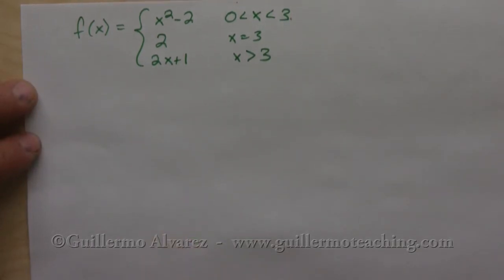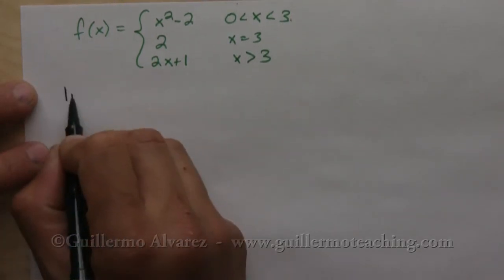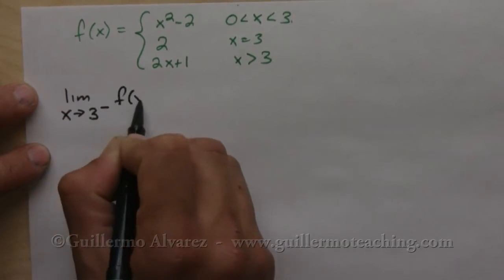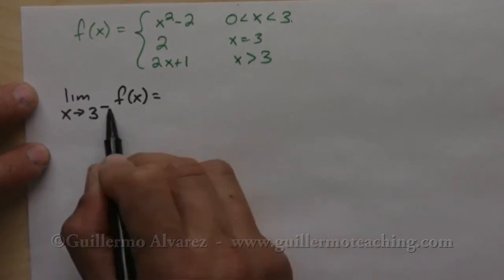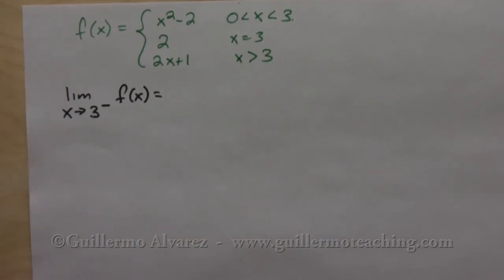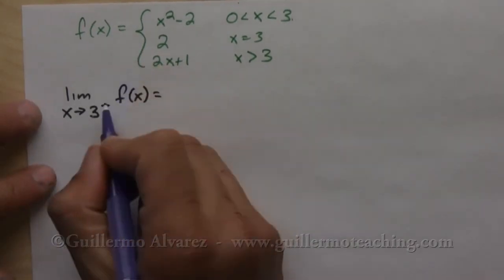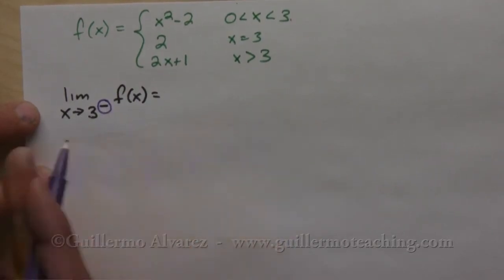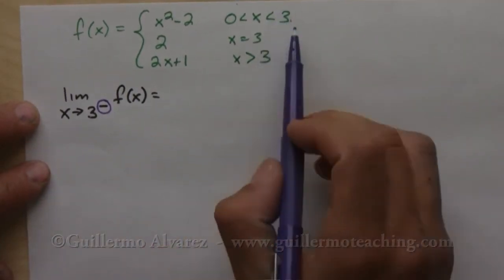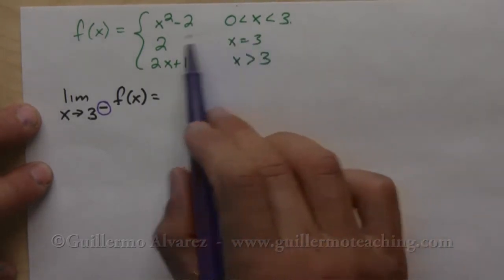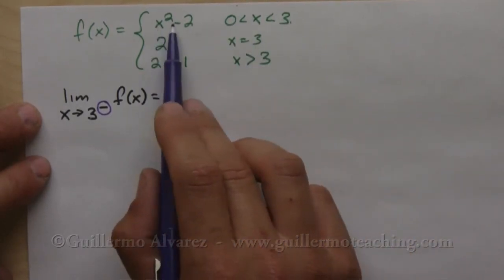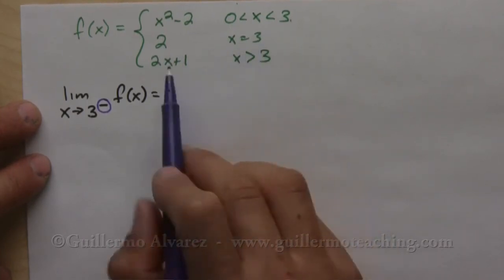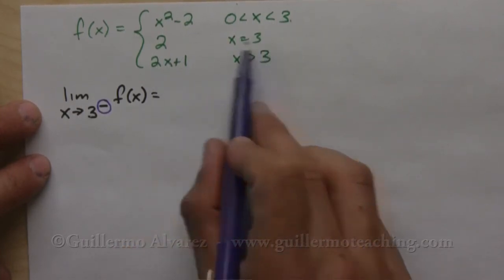Okay, so if I want to find the limit as x approaches 3 from the left, well, since I'm approaching from the left, what that means is that I'm looking at numbers that are less than 3. So if I take a look at these, this function is defined to be x squared minus 2 from 0 to 3, 2 when x is equal to 3, and then 2x plus 1 when x is greater than 3.